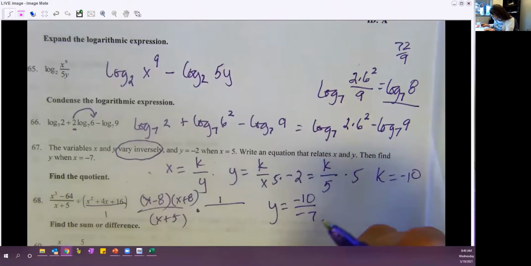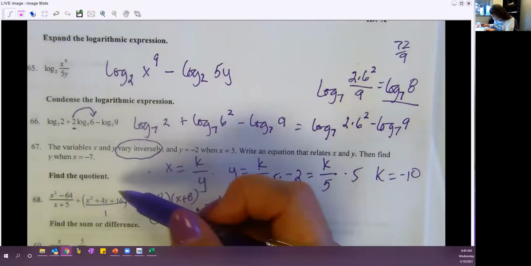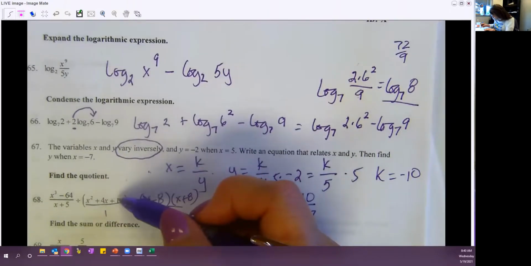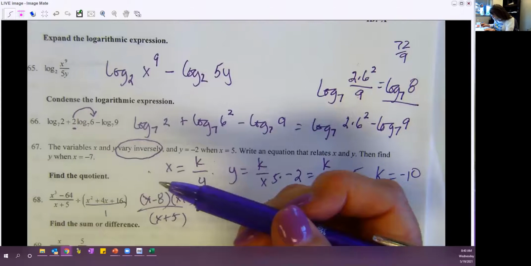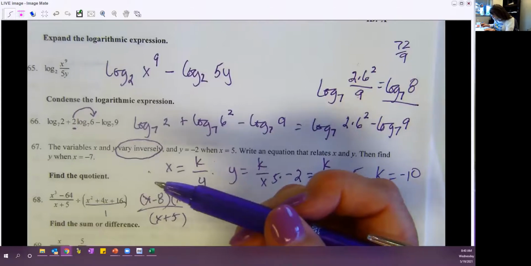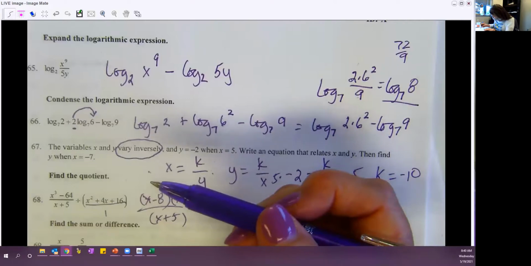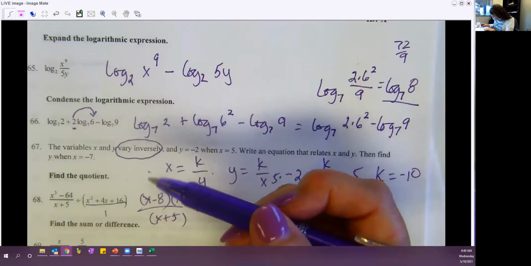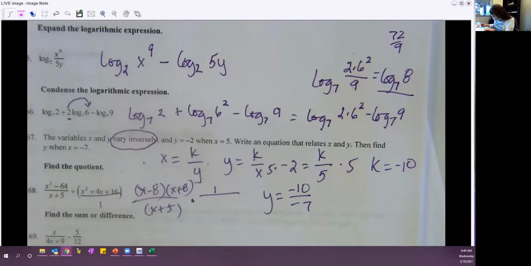Factor 1. I don't think that has a solution.